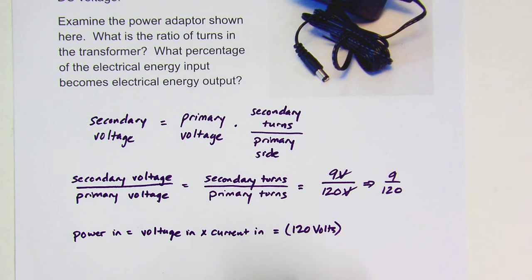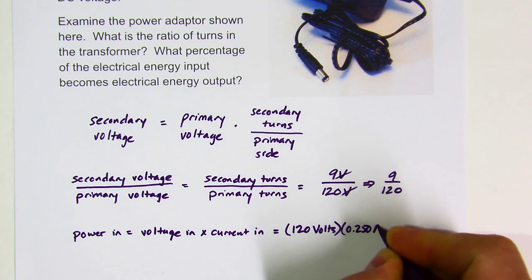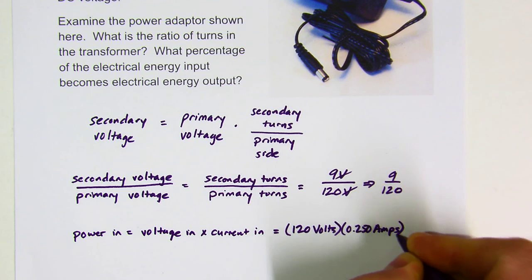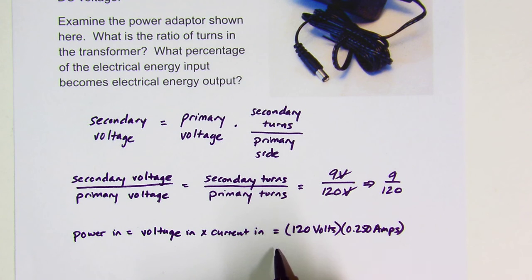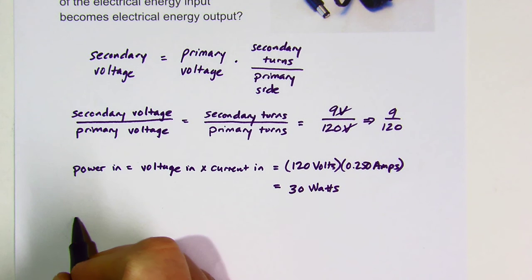We're told the incoming current is 250 milliamps. That's 0.250 amps. So that incoming power is 1/4 of 120, or 30 watts.